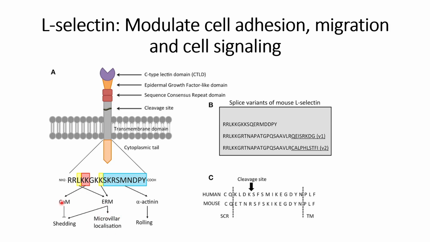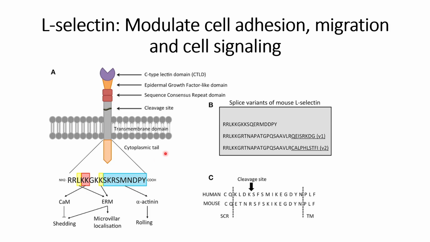So both of them have different functions. And alpha actinin, or rolling, whereby reducing the speed of the cells, is usually triggered by the amino acid sequence highlighted in blue.